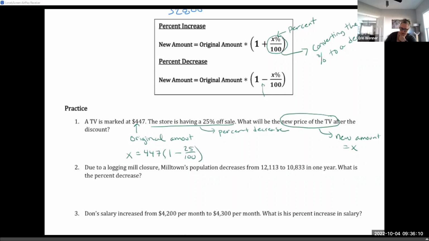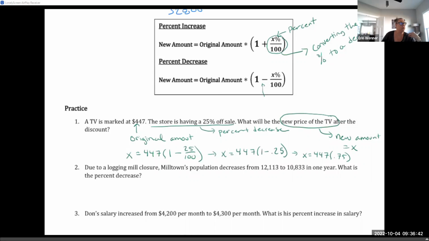In order to simplify this, we need to first convert the fraction of 25 over 100 to a decimal. That gives us X equals 447 times 1 minus 0.25. And continuing to simplify, we've got 447 times 0.75. And again, how did I get the 0.75?